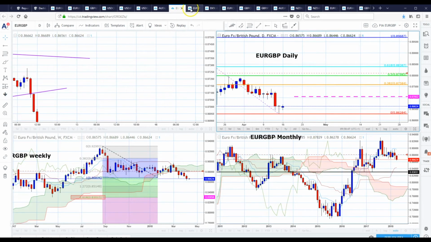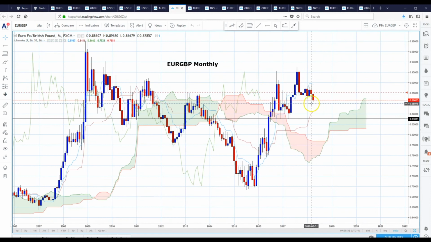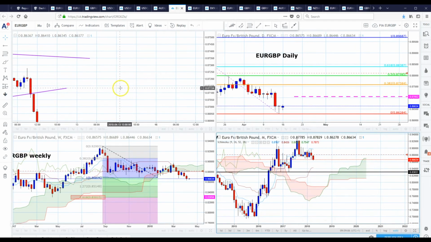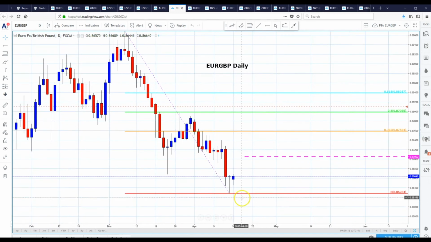Euro sterling monthly chart, bearish outside bar, breaking through support. Really, on the longer time frame, we'd expect a move down towards this sort of level, 83.03. However, the daily chart, let's just get the daily chart up, highlights a doji style candle, again a DeMark 13 down here.